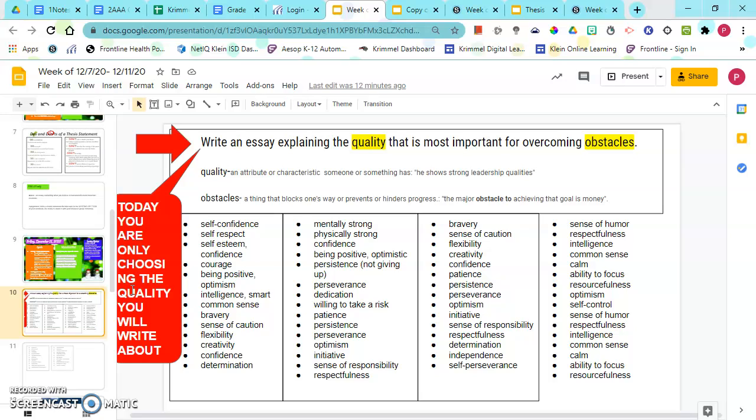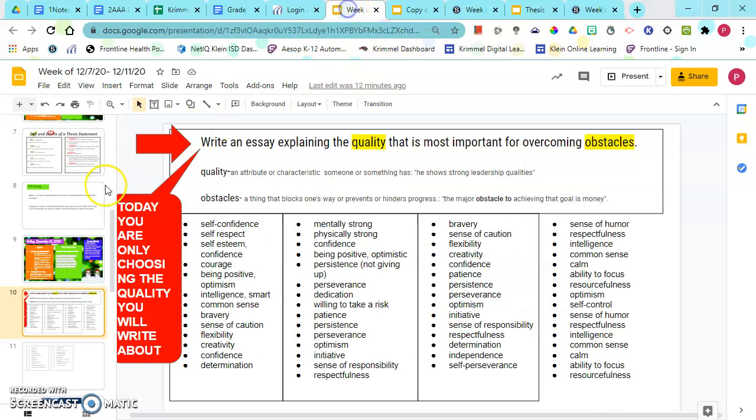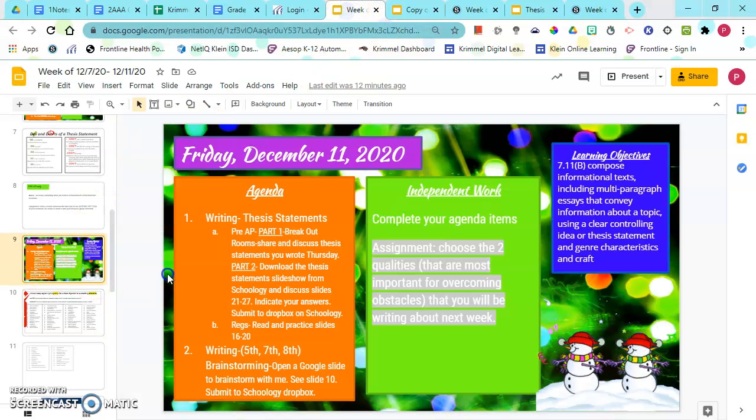On Monday, I need each of you to have chosen the qualities that you are most comfortable discussing, and we will use those as the jumping off point for the next section of our mini lessons and writing here in class. Okay, so please have that ready for Monday.